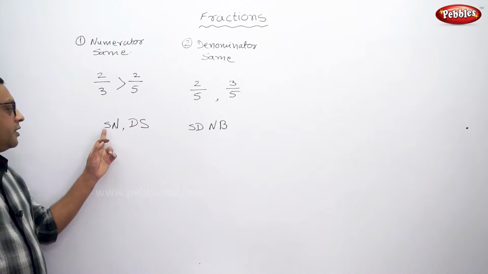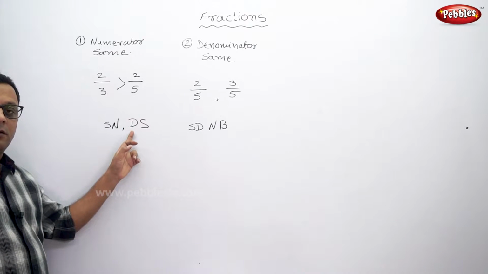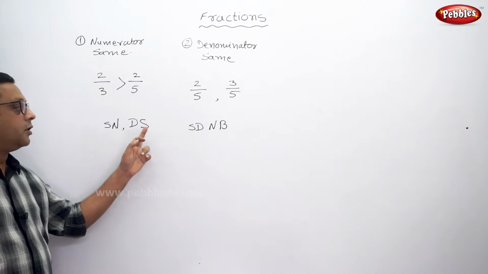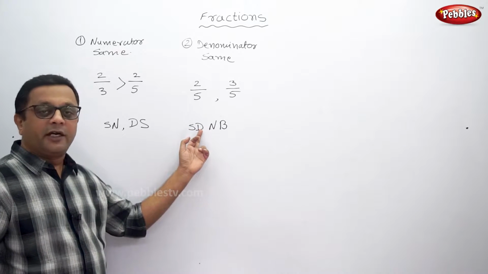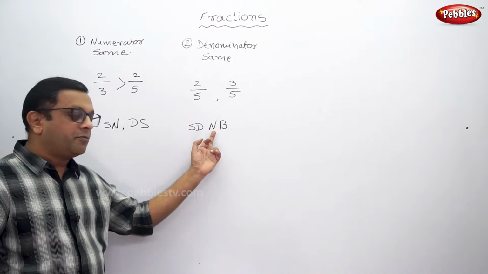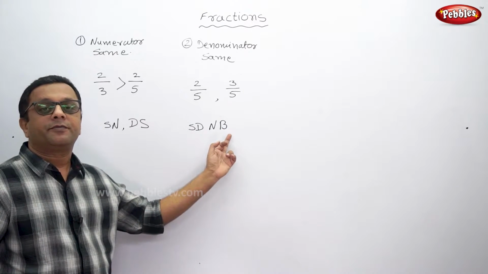When the numerator is the same, the fraction whose denominator is bigger is the smaller number. With the same denominator, you have to decide which numerator is bigger, and that number is bigger.